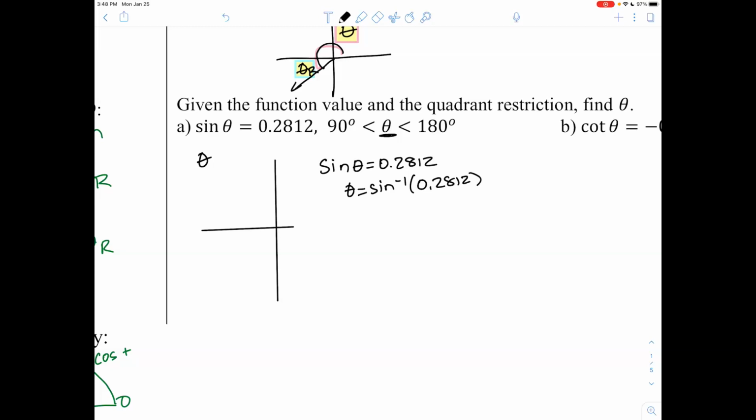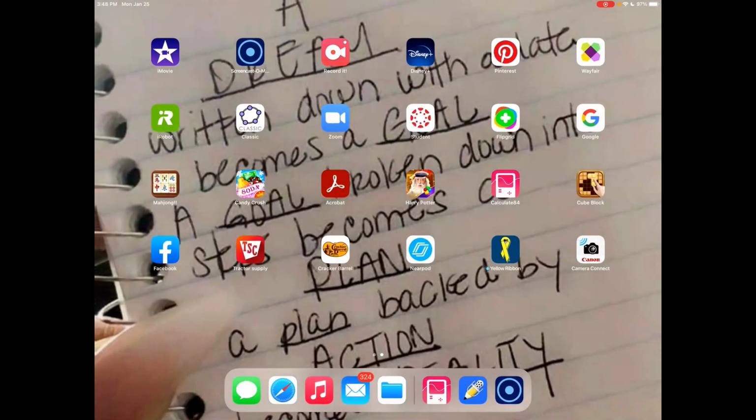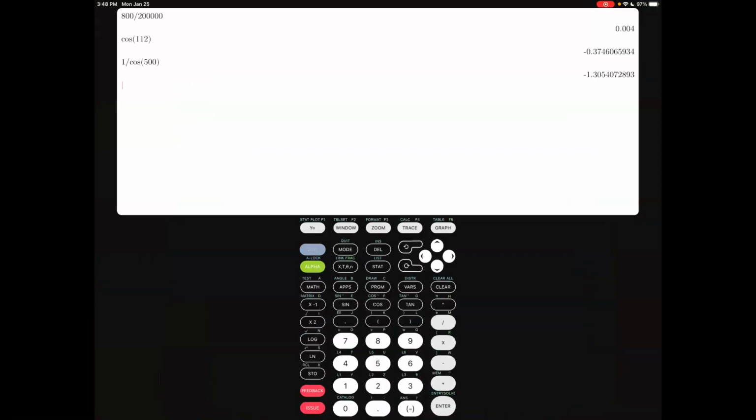I'm going to pull up my calculator and we're going to get theta's reference angle. So here we go. Sine inverse of 0.2812.